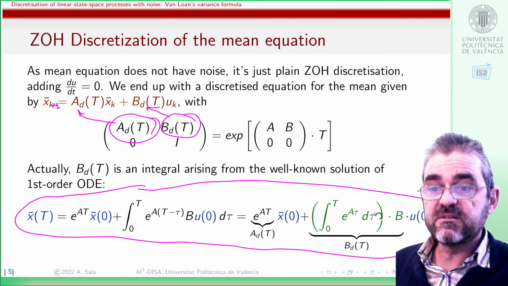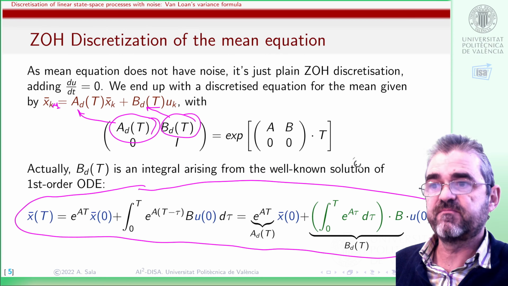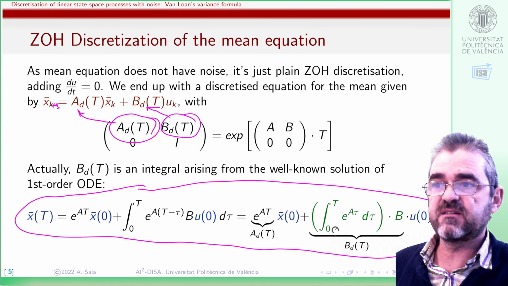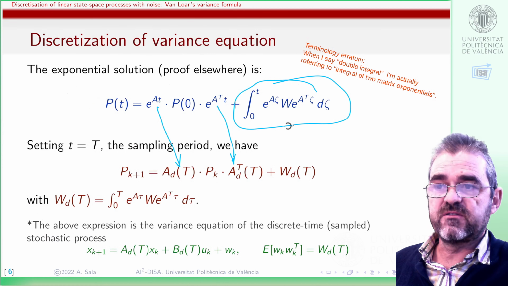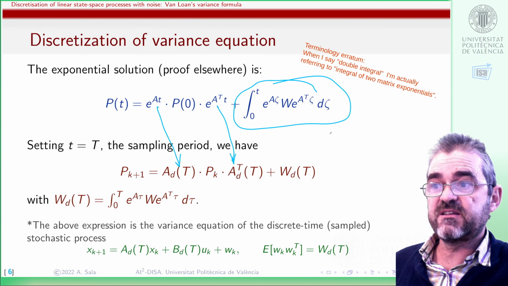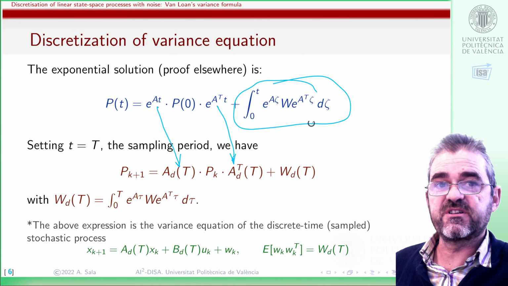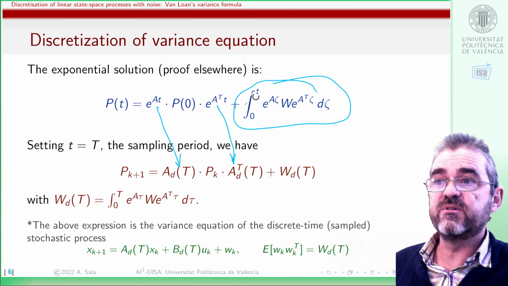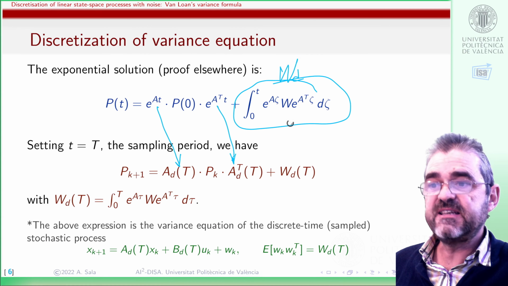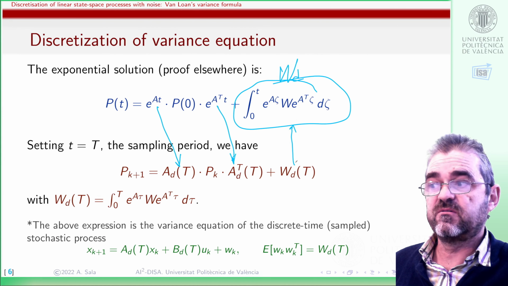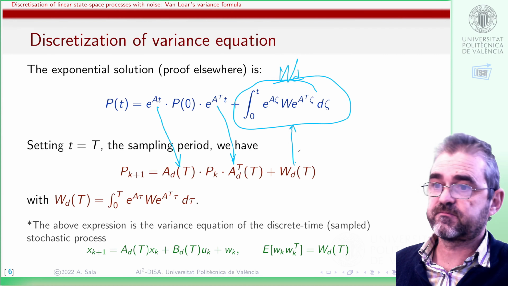In here we had a simple integral of exponentials, and padding with zeros, we got a way to avoid computing that integral. And in here we have the double integral, so is there any bigger matrix so that its exponential can help me compute this WD? The answer is yes, and it's called Van Loan's formula.